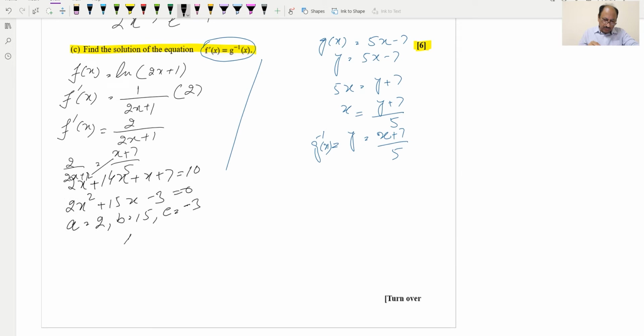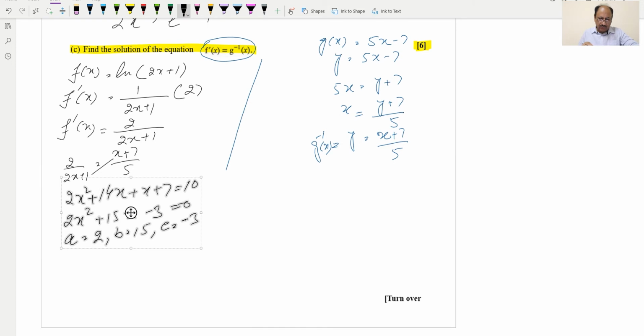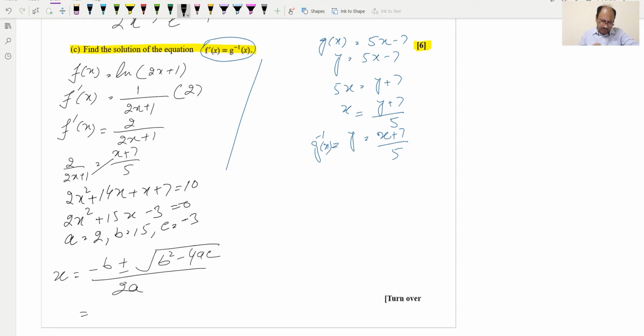Now we can apply x is equal to minus b plus minus square root of b squared minus 4ac over 2a. If we replace the values, minus b means minus 15, plus minus b squared means 15 squared, minus 4 into a into c, over 2a, and 2a value is 4.